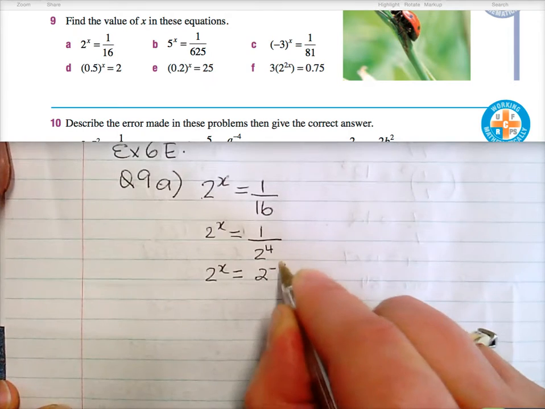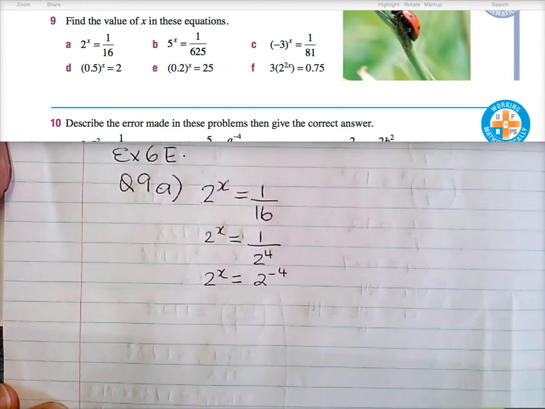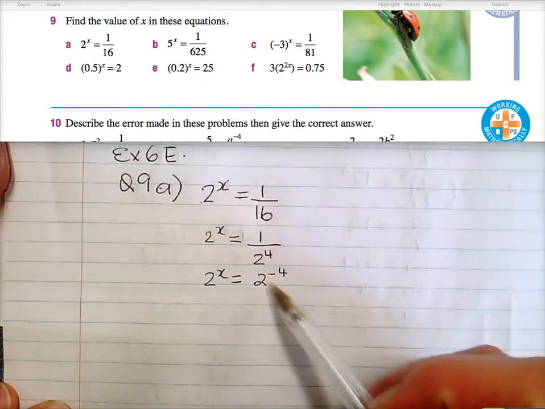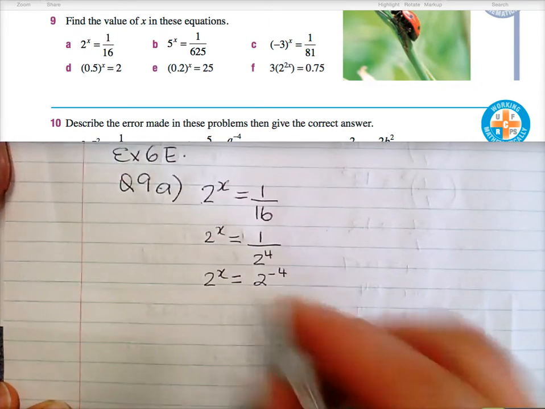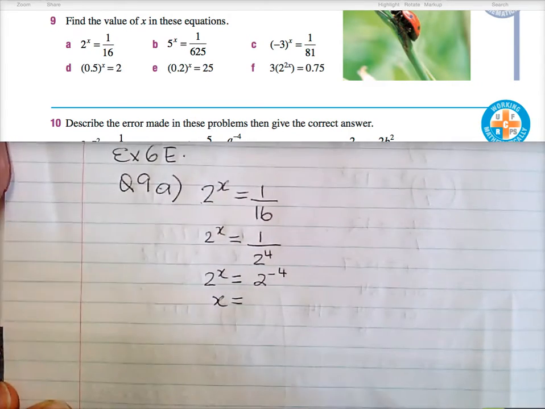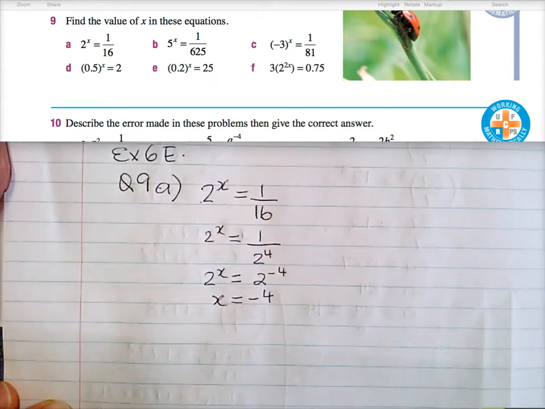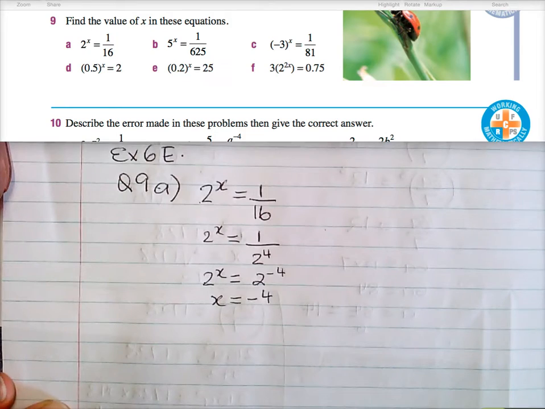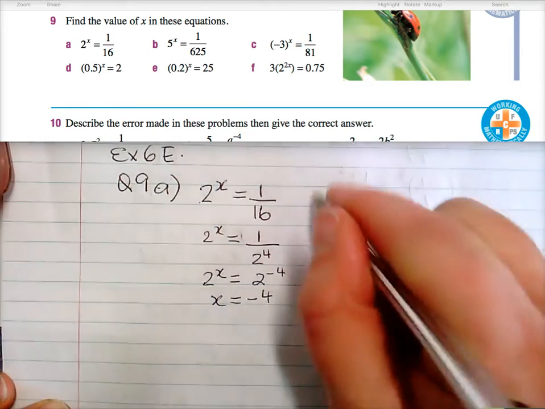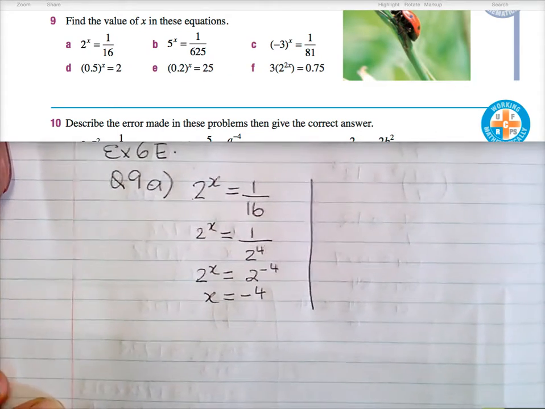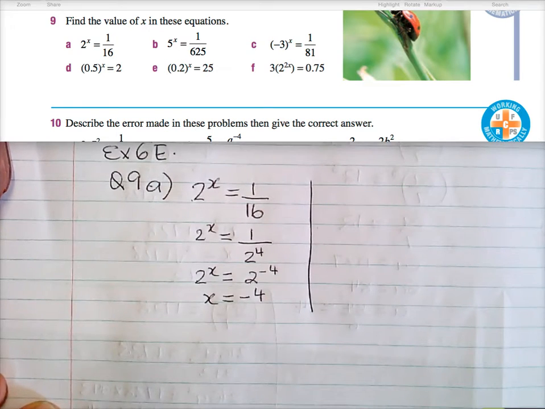Isn't that 2 to the power of negative 4? Yes or no? 1 over means negative power. So girls, tell me what x equals. Yeah, because the 2's are the same, so the powers must equal each other. That's how you do question 9a.